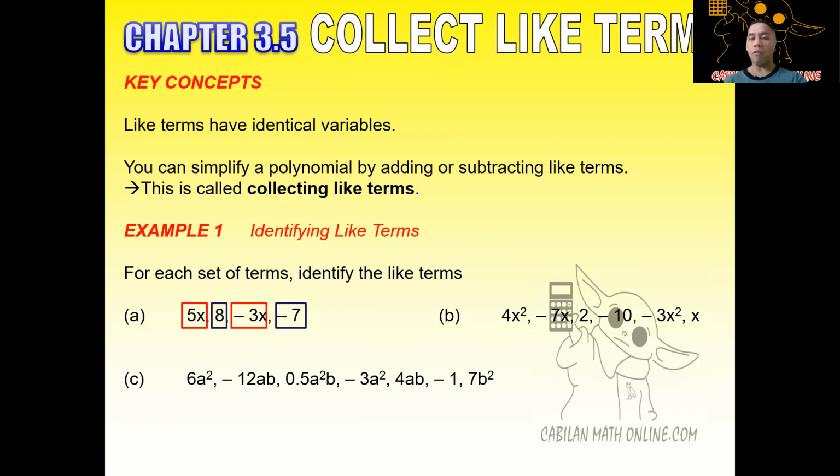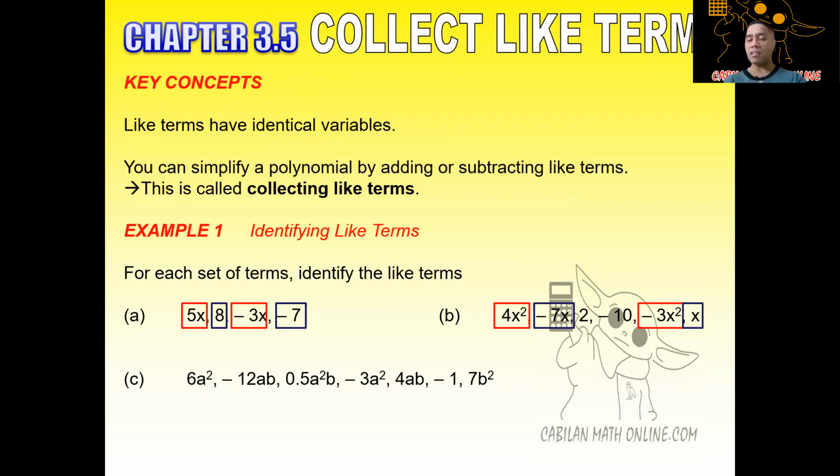If you look at the 4x squared and the remaining terms, the only like term for 4x squared is the negative 3x squared, because the other x's, specifically the negative 7x and the x, do not have the same exponent. The negative 7x and the x are like terms because they both have an exponent of 1 attached to the letter x.